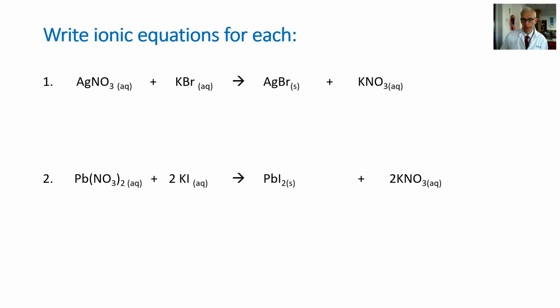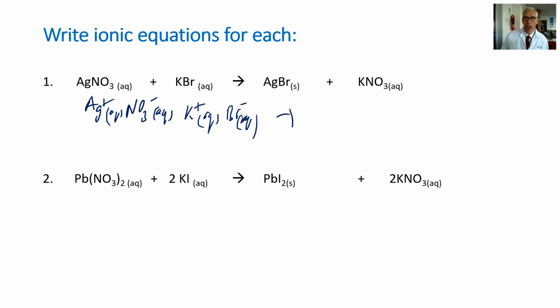Okay, so if I pick up and just take them as models, so silver nitrate, of course, we're going to get our silver ion and our nitrate ion, and they're going to be free and aqueous. We're also going to get a potassium ion and a bromide ion.